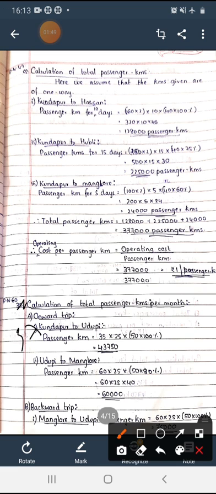First see, there is a Sugama bus between Kundapur and Mangalore, from Kundapur to Mangalore via Udupi. In the middle we get Udupi, a middle point.